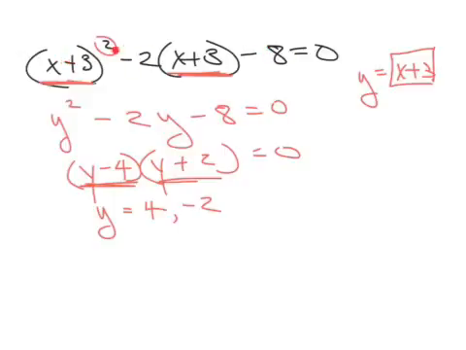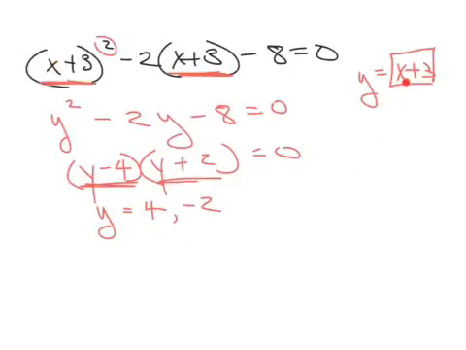But what we said is that whenever we see an x plus 3, we're going to substitute a y for the x plus 3 so that we can solve this quadratic equation easier here than we could up there. So I found out what 4 and negative 2 are. They're going to be my y values, but I wasn't looking for y. I was looking for x.